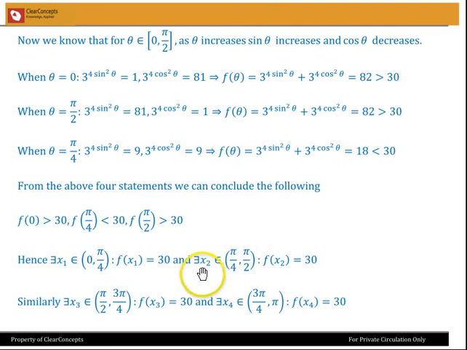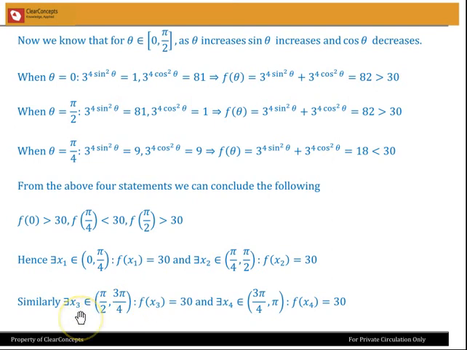And there must be one and only one x2 in the interval pi by 4 to pi by 2, such that f of x2 is equal to 30. Yeah, because again it crosses from 18 to 82 as it goes from pi by 4 to pi by 2. So there must be one value between 0 and pi by 4 and one value between pi by 4 and pi by 2.